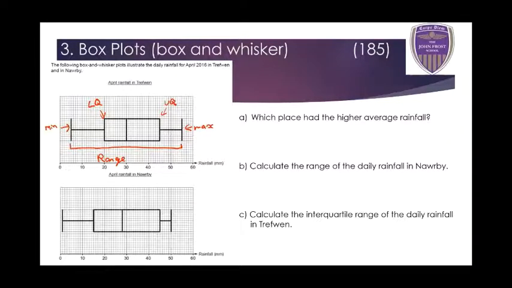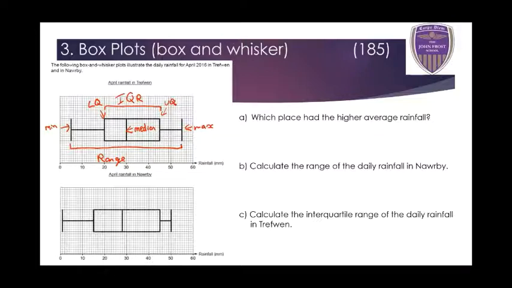And this gap here, or this distance here, is the interquartile range, which is calculated by the upper quartile taking away the lower quartile. And then this line in the middle here, we have that as our median.